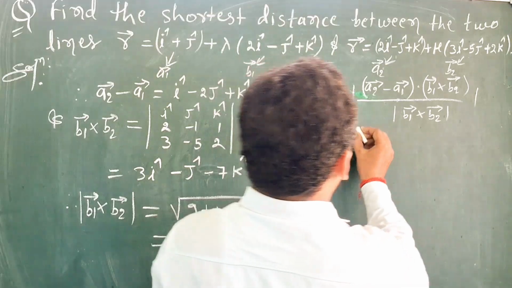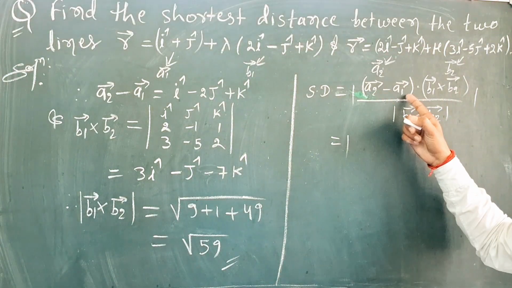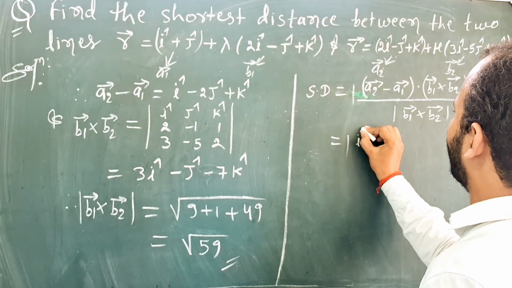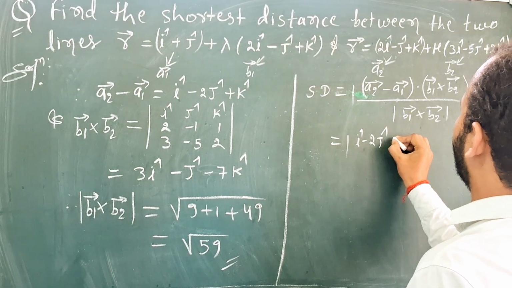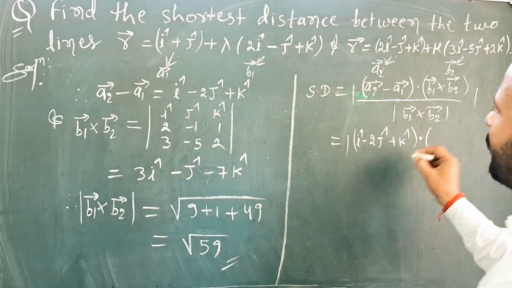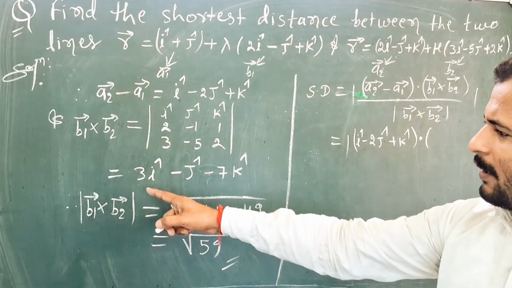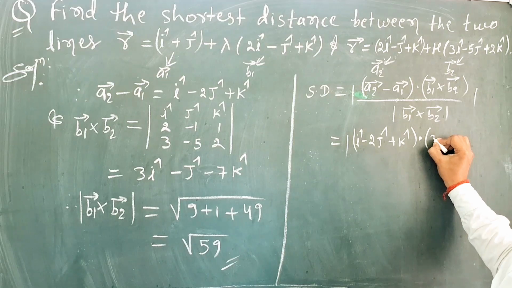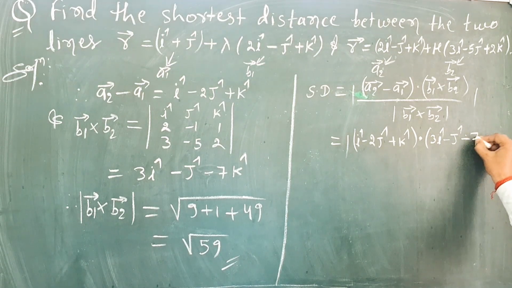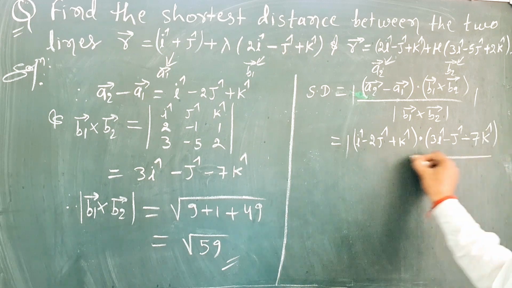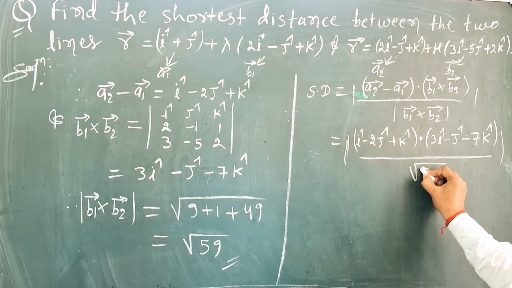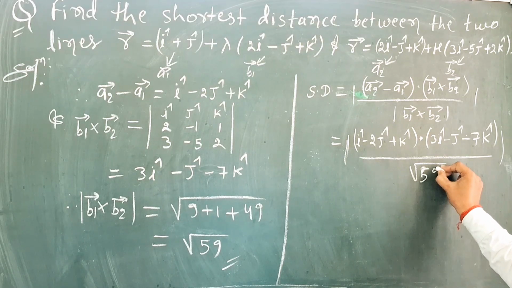Then a2 vector minus a1 vector is obtained here as i cap minus 2 j cap plus k cap, dot b1 vector cross b2 vector, which is obtained here as 3 i cap minus j cap minus 7 k cap, and the magnitude is obtained as square root of 59.